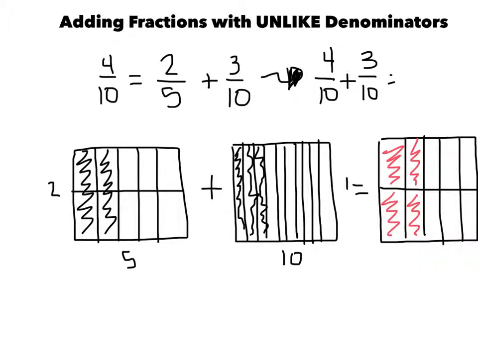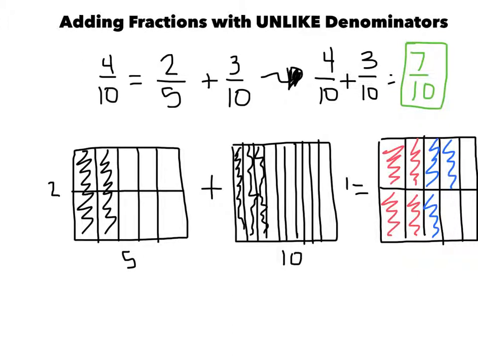And then color in my 3/10. 1, 2, 3. And when I add those together, that's going to give me my answer of 7/10. So that's just another way to use your model to be able to do that.